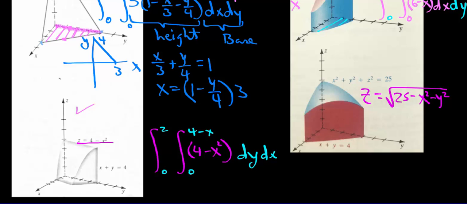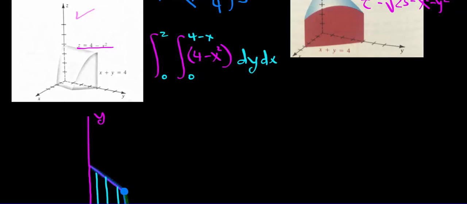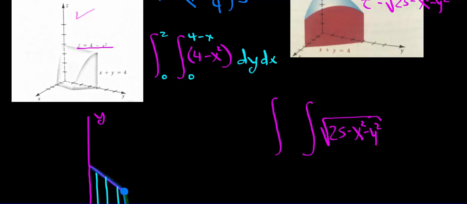Now, that is your height. So now you have a start. You've got 25 minus x squared minus y squared. And you can do dx dy or dy dx, it doesn't matter. But think of this as the width times the length times the height. Think of it that way. Okay.